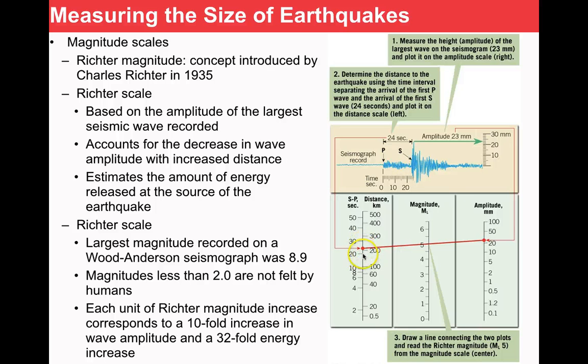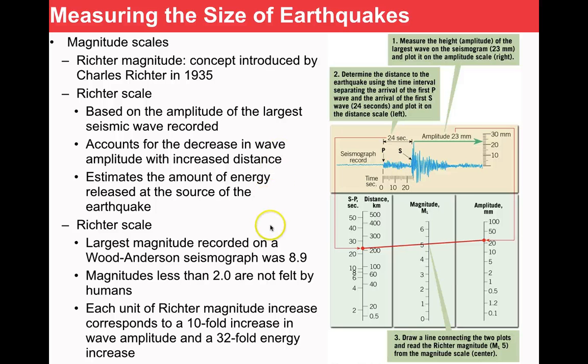So you know the difference between these two, right? You've got the time, in this case 24 seconds. You can use that to figure out its distance. You know the amplitude, you put it over here, and then you basically draw a straight line through the magnitude scale here. And that basically estimates the amount of energy released at the source of the earthquake. And we call that amount of energy, or that estimation, a magnitude.